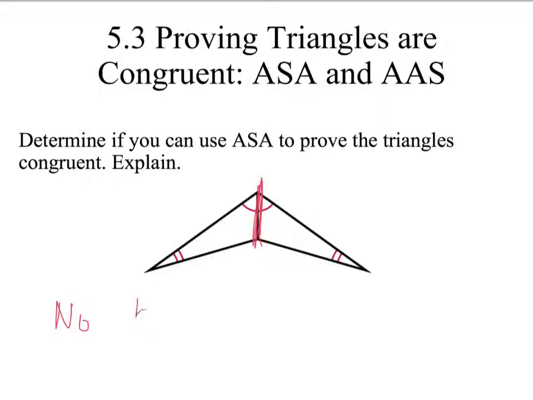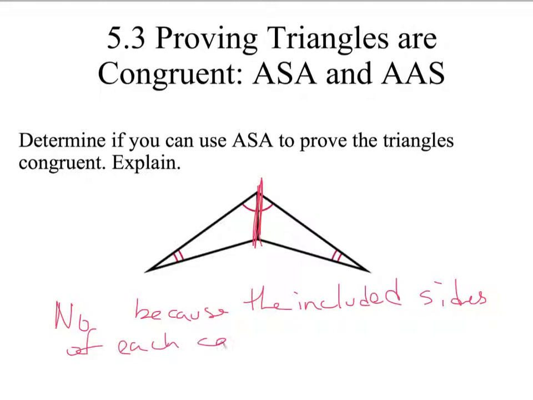So no, because the included side of each triangle can't be proven congruent. It cannot be proven congruent based on all of the theorems that we know, the postulates that we know, the definitions that we know. It is not possible for us to say that that side is congruent. So we cannot use the angle side angle property. Okay, because that's what we were looking for.